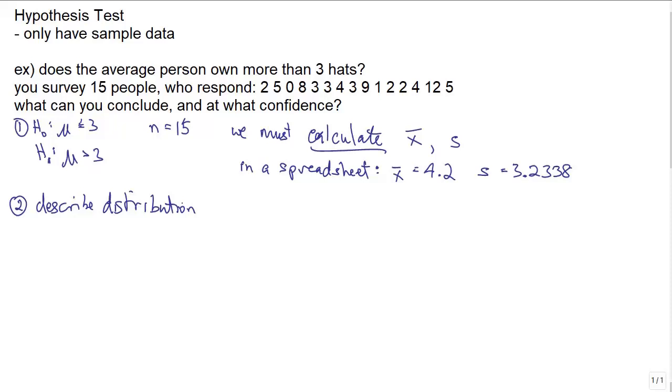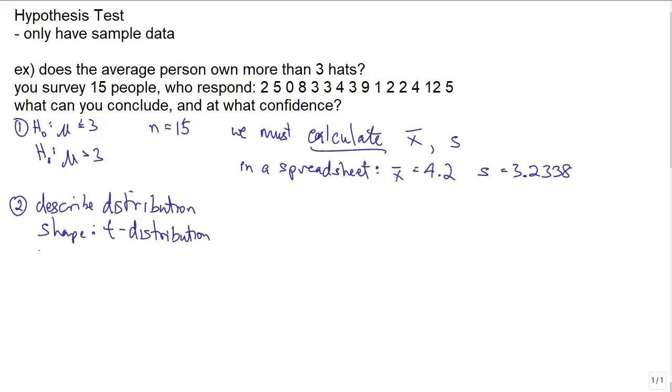What's the shape? Well, we noticed that we were not given the population standard deviation sigma. And also we have a small sample size, and we're not told anything about the population itself. So therefore, we're going to say the shape is a t-distribution. It's not normal.